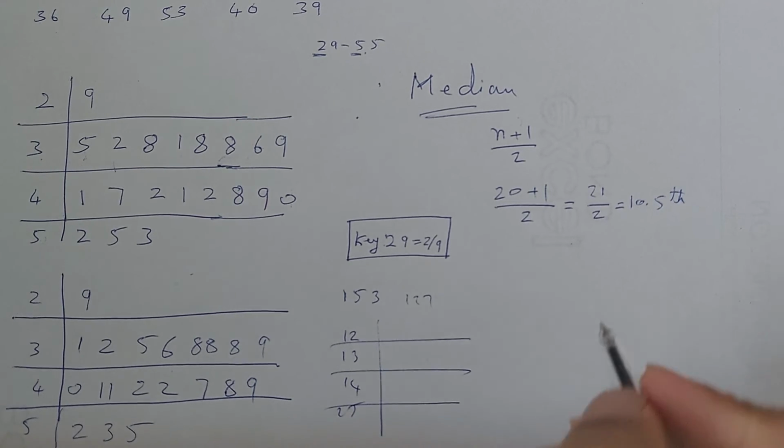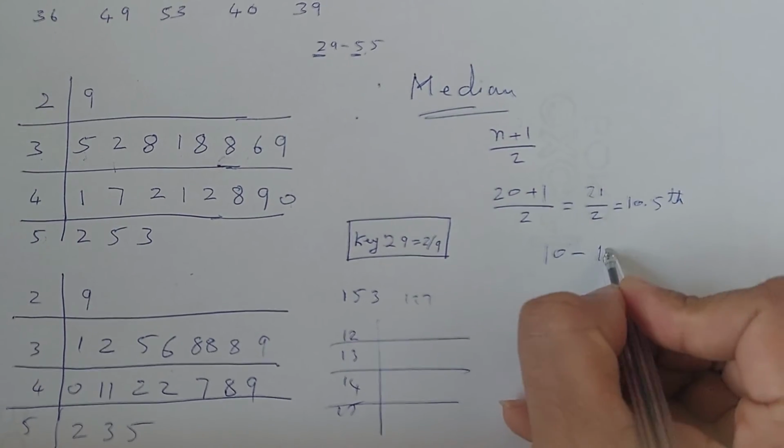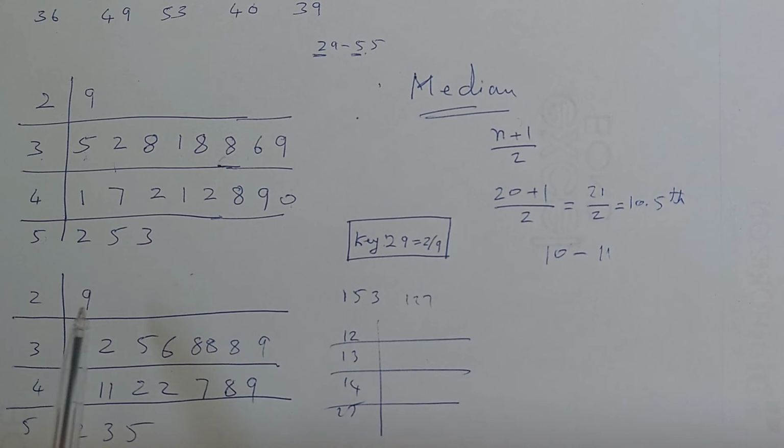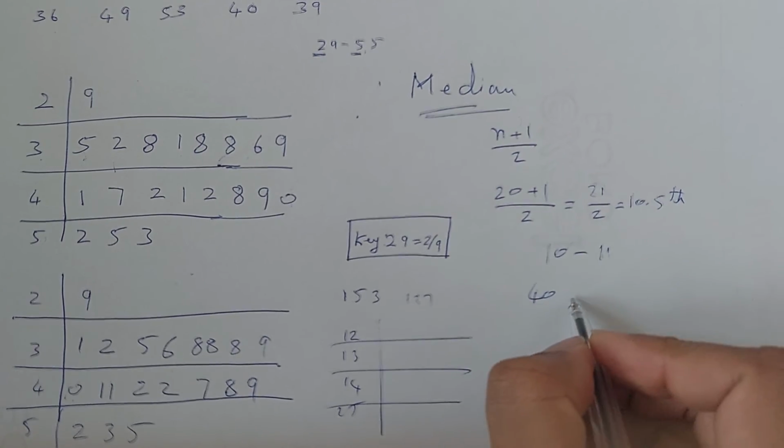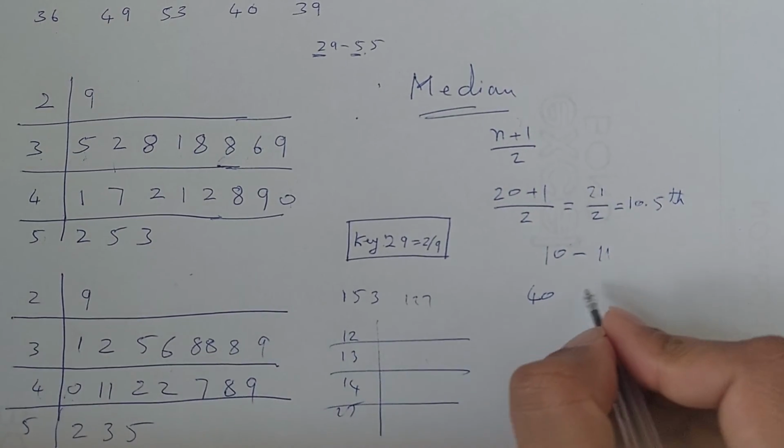Means get 10th and 11th value, which is now 1, 2, 3, 4, 5, 6, 7, 8, 9, 10, and 11. So my 10th value is 4 and a 0, which is 40, and my 11th value is 41.